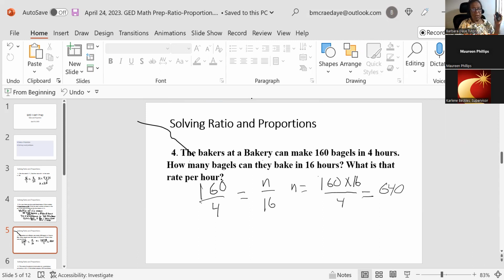Now, what is the rate per hour? Bagels per hour. How would you find that?